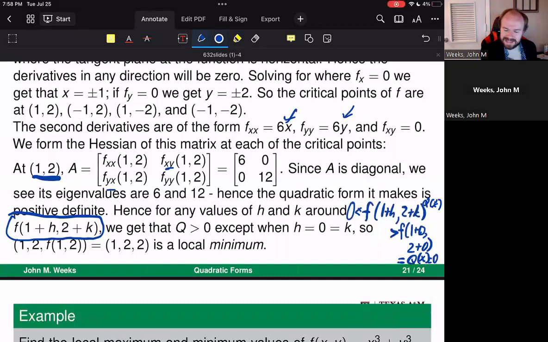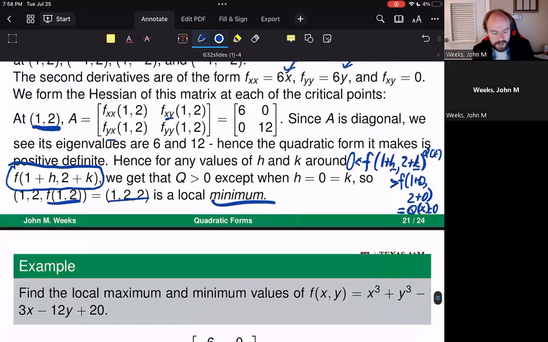What that means is that this is bigger than this. That means that we increased. And in fact, we increased regardless of what non-zero vector we plugged in for h and k, because this quadratic form is positive definite. So any change from this point gives us a bigger value. So that means that what we get is a local minimum of this function. If we plug f of (1, 2) into the function that we had originally, we would get the z value of 2, and that is going to be a local minimum.